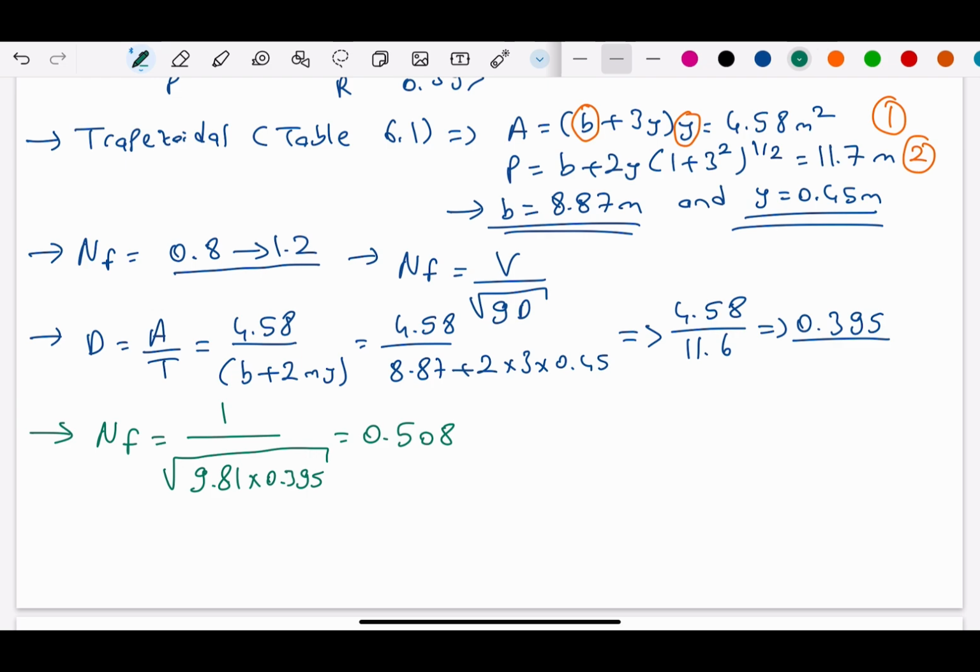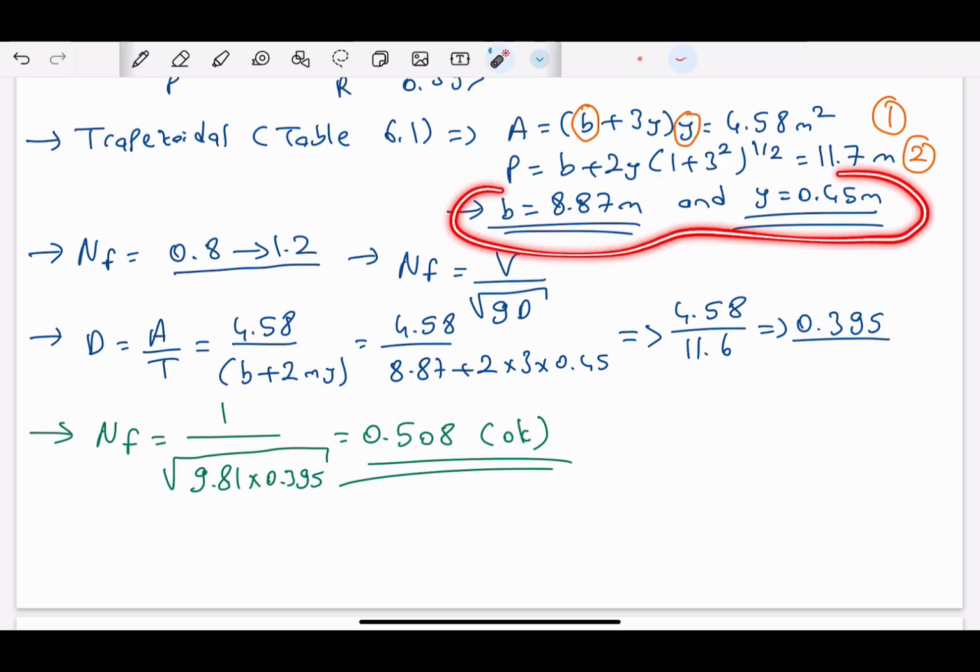And since this is not in the range of 0.8 and 1.2, because these are very close to critical value, which is 1, we say that this is okay, and we can use this width and depth values to satisfy these conditions.